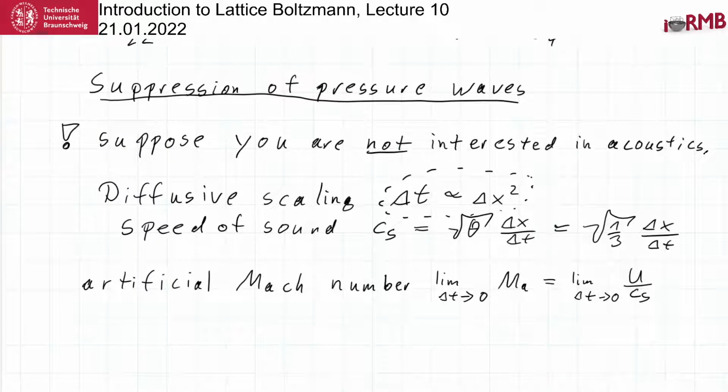If you put the speed of sound into this, you see that the Mach number goes to 0. So you let your Mach number go to 0. And in this setting, acoustic waves are just regarded as noise.